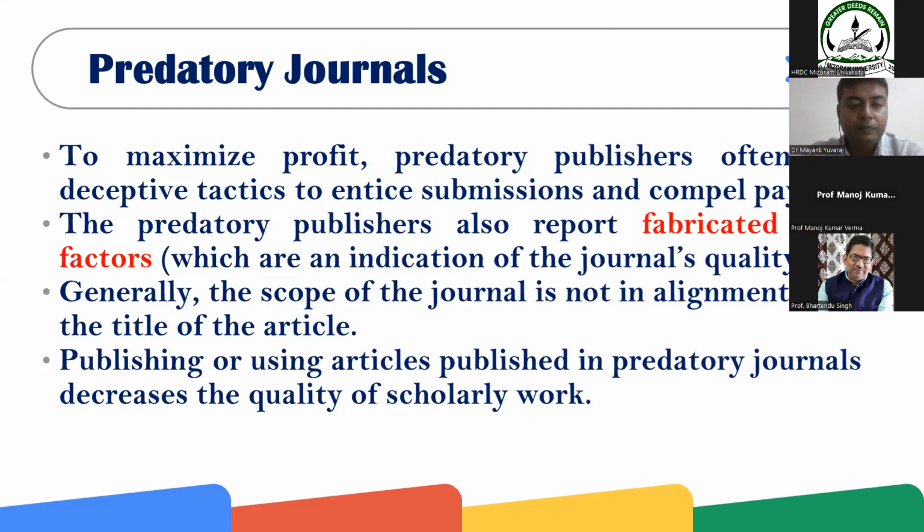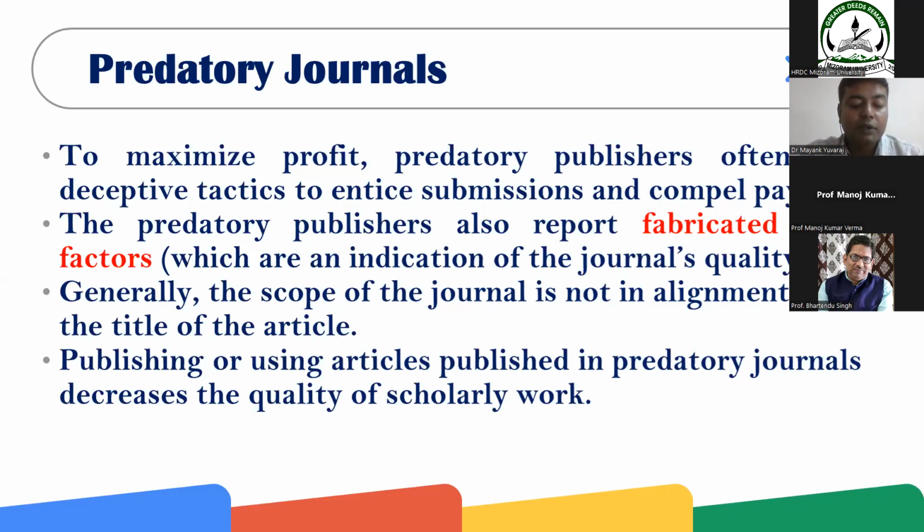Then the other thing is, if you look at the scope of these journals, you will find that the scope and the titles of the articles published do not match. International journals published by Scopus and Web of Science always focus on their aims and scope.